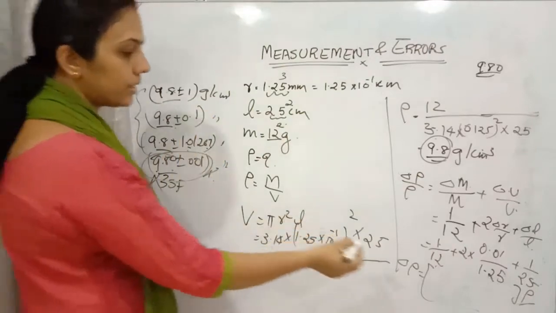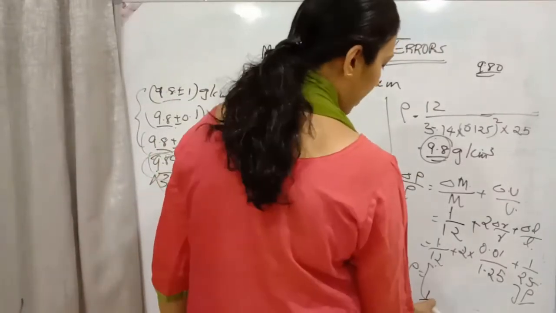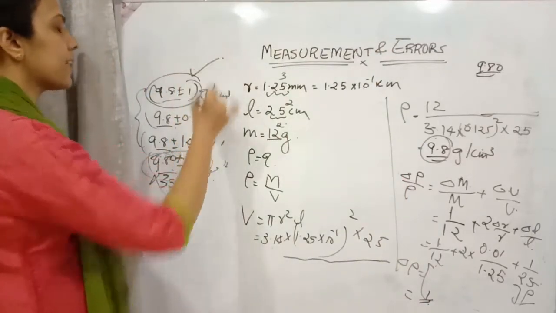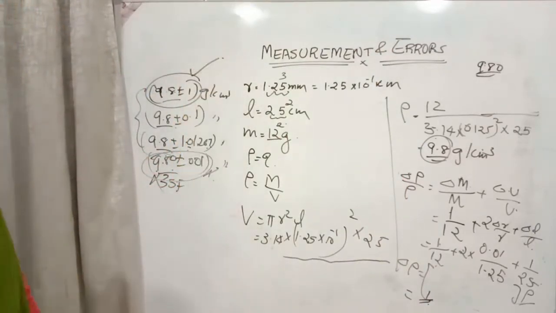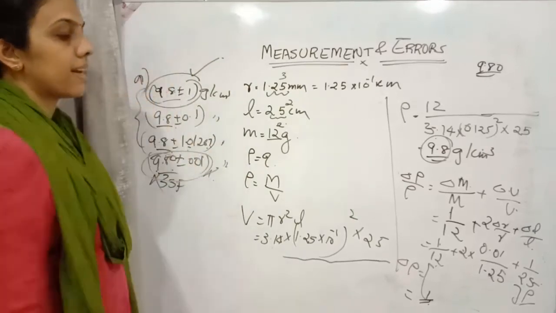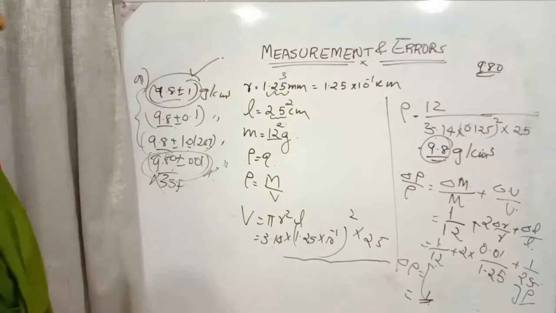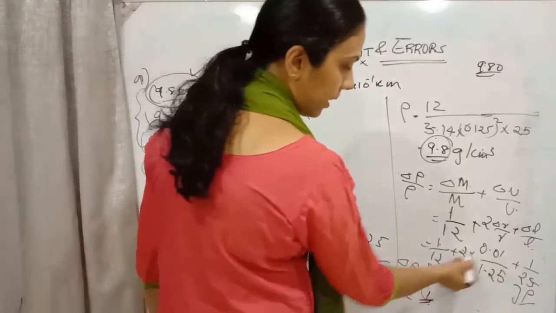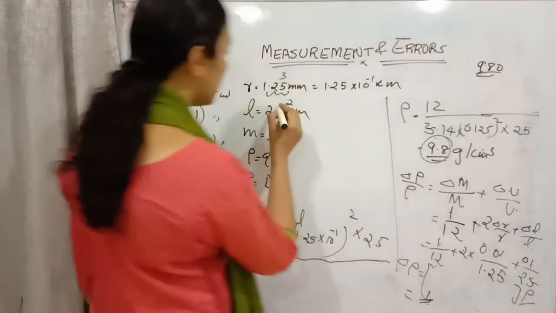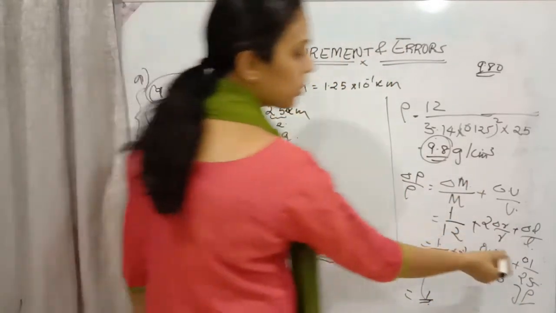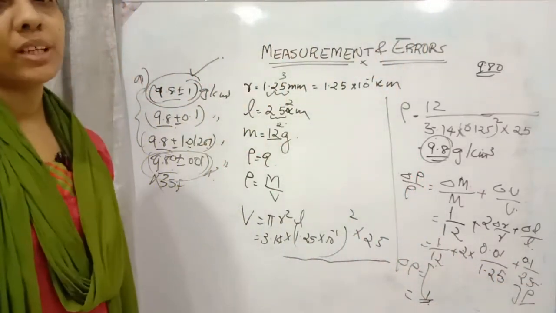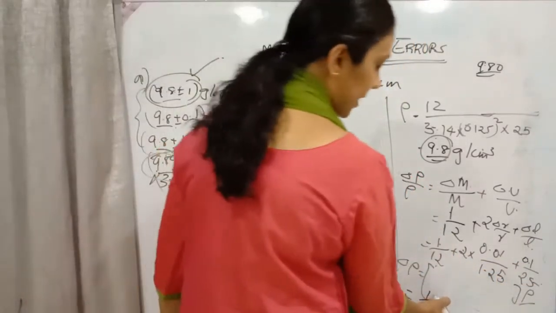While you are calculating this, you will get the value as 1 gram per centimeter cube. So here you will get 9.8 plus or minus 1 gram per centimeter cube. Option A is the answer. How do we conclude that 1? Because it is 1 by 12, plus 0.01 by 1.25, and here 0.1 divided by 25. So here we will get the answer as 1 gram per centimeter cube.